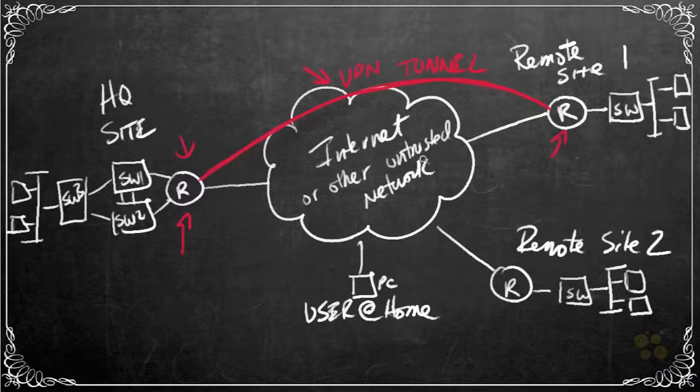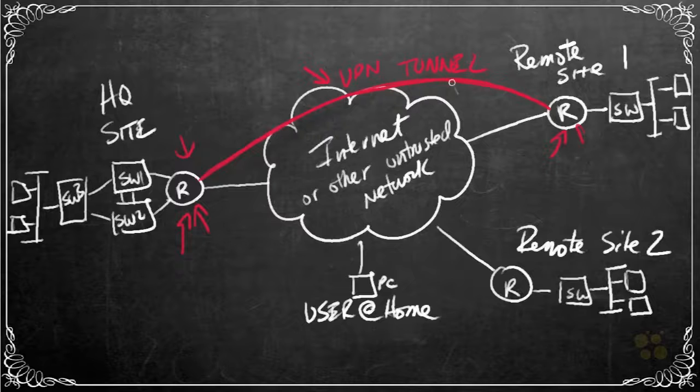So from the internet, it just looks like packets that are being sent, but behind the scenes, the payload of those packets is encrypted. So if we have any malicious actors on the internet who want to eavesdrop on that data or manipulate it, they won't be able to do it successfully because the data is being encrypted by this router and then decrypted by this router, and only those two routers, being the endpoints of this VPN tunnel, have the ability to decrypt or make sense of the data.